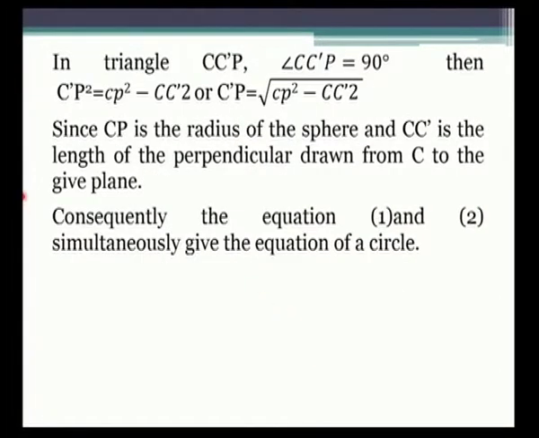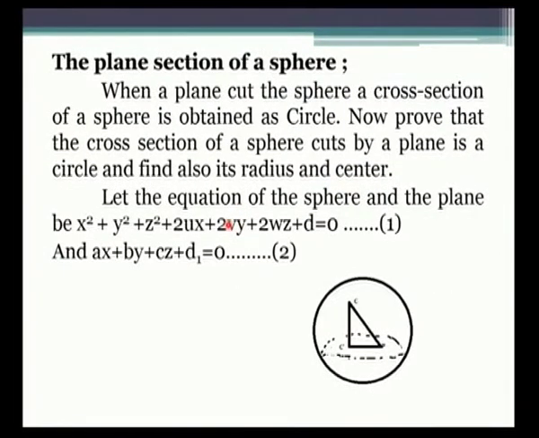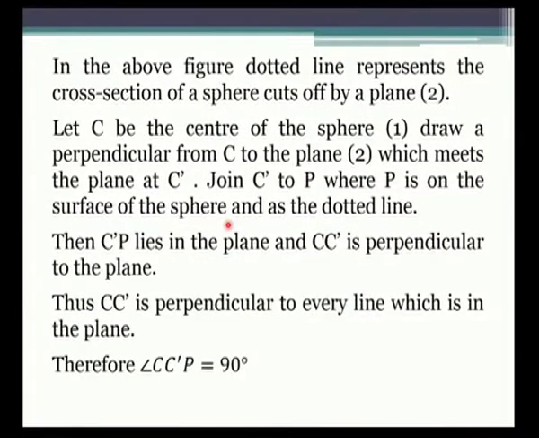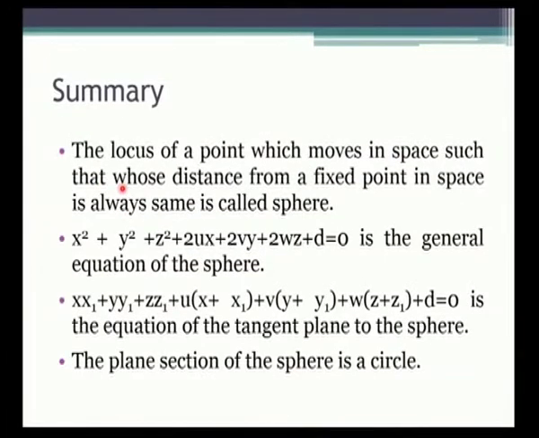Now in the triangle C C dash P, we get C dash P is equal to square root of CP square minus CC dash square. So this is the radius, and equations 1 and 2 simultaneously give the equation of the circle. So we proved that the plane section of a sphere is a circle. So these are the concepts we discussed about the plane section of a sphere.